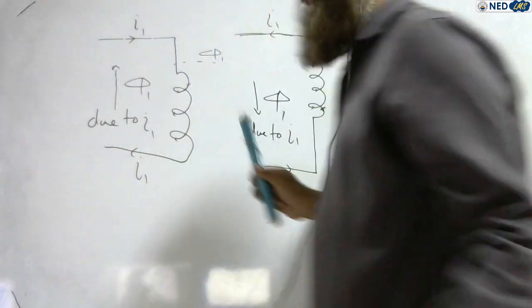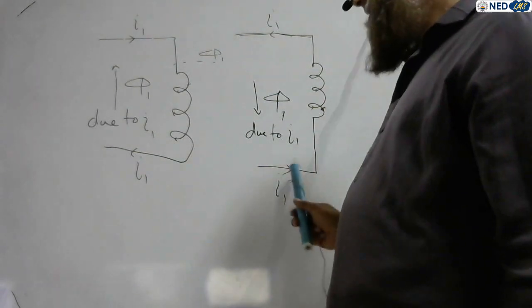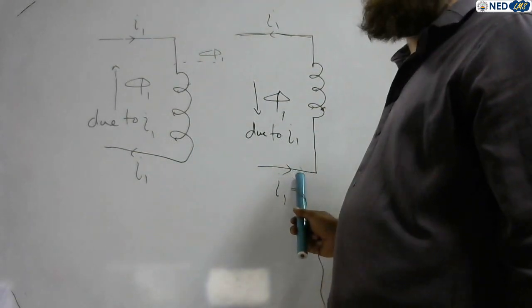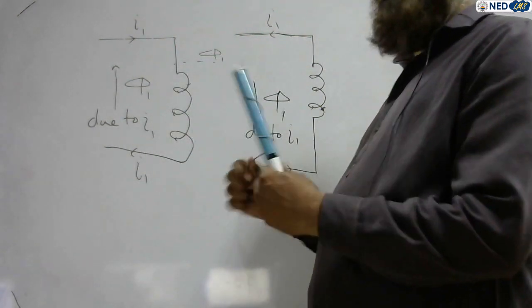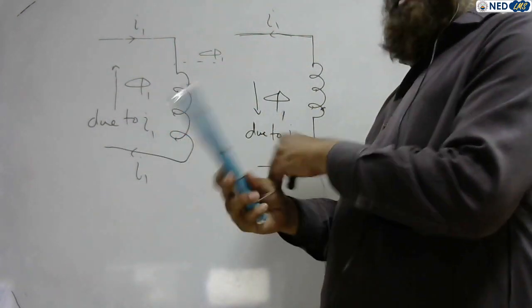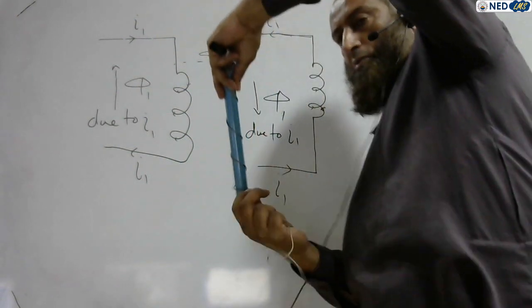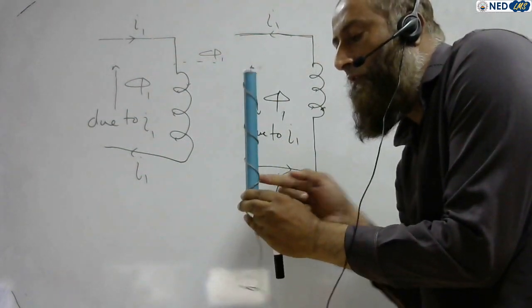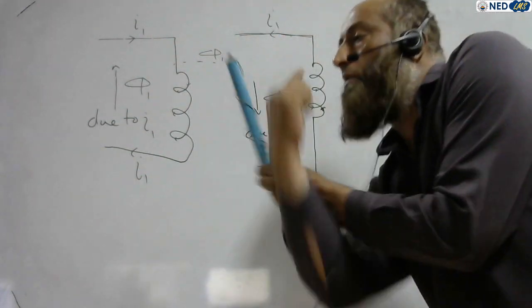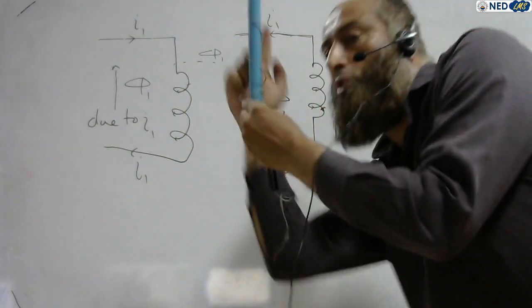Now consider the second example. In the second example, the current enters from the bottom of the coil instead of from the top, right? Consider this coil, and you give the supply to the coil, and this time the current goes upward, from bottom to top.